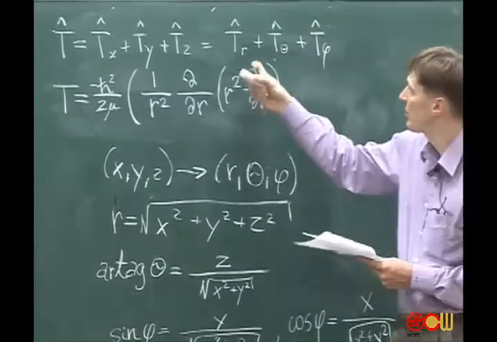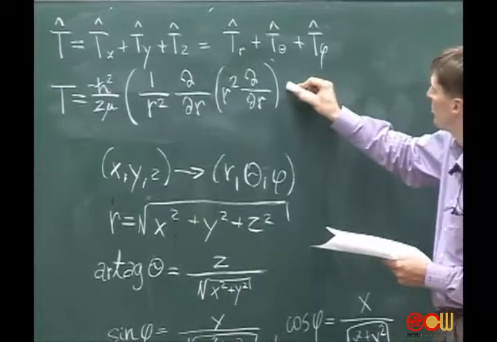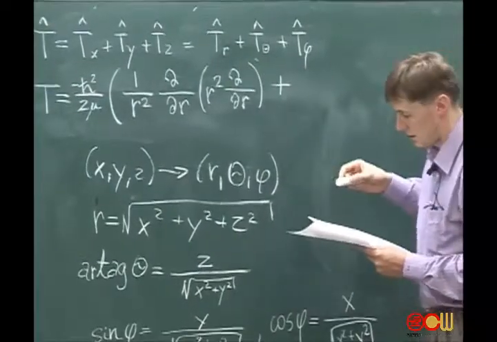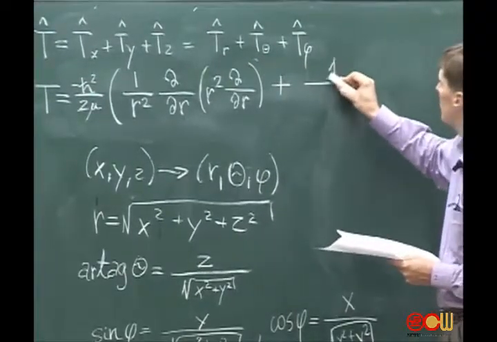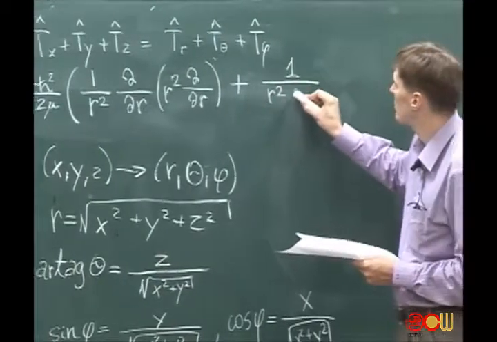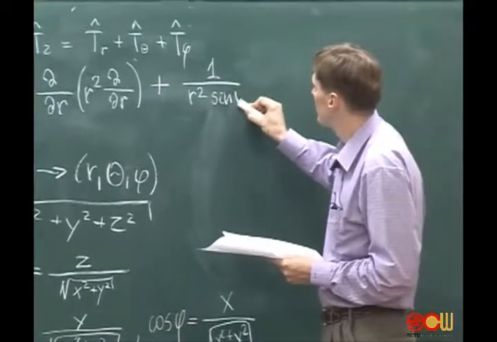That's the first part, that's the T_r. The second part corresponding to theta, I write now, is 1 over r squared sine theta.